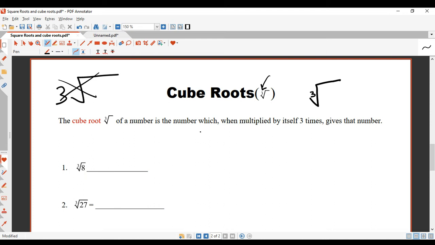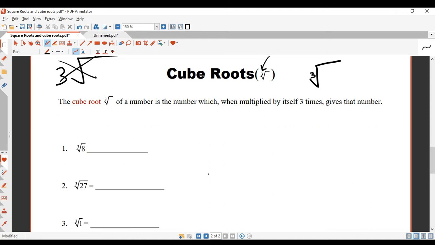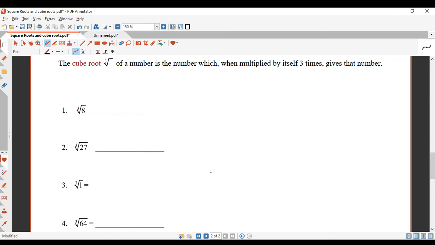And the cube root of a number is the number which, when multiplied by itself 3 times, gives that number. So let's have a look. Now this here, that is the cube root of 8.